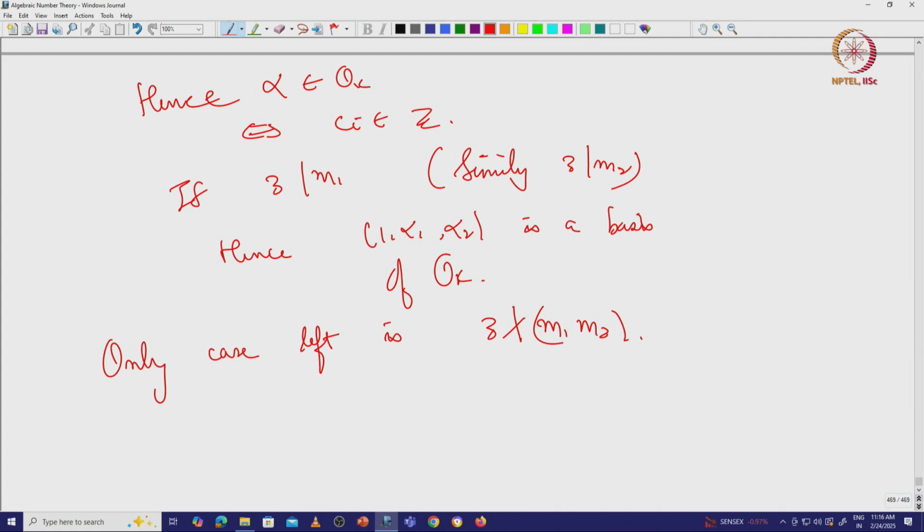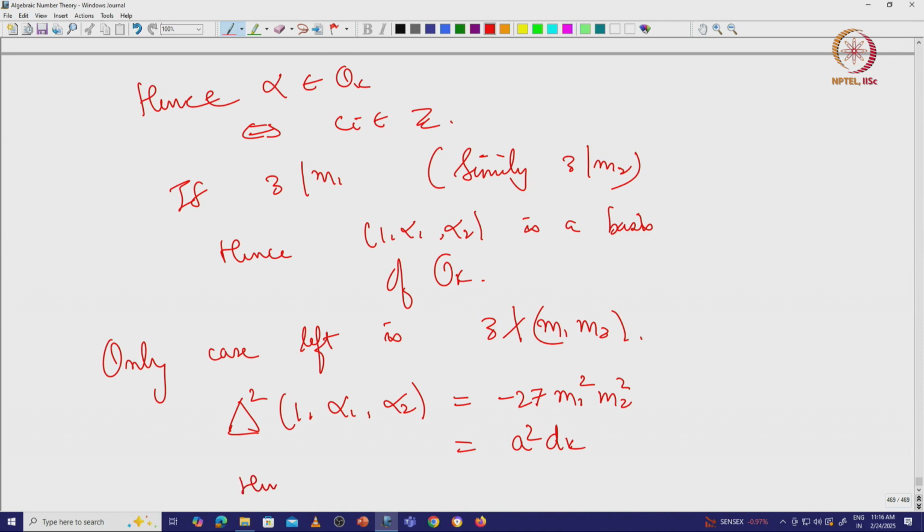Right. So, in this case what happens is delta squared of 1, alpha 1, alpha 2 is equal to minus 27 M1 squared M2 squared, but this is also equal to A squared dk, right.